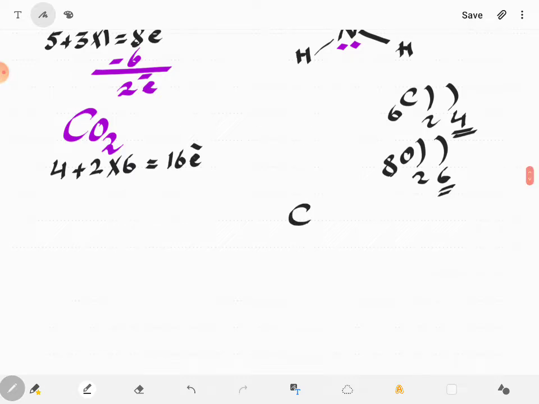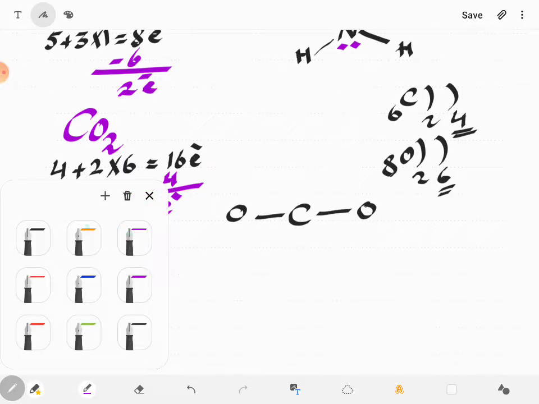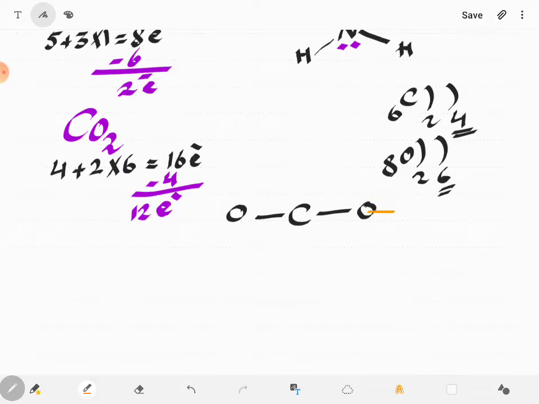So we make one bond to each of the other atoms. Here, how many do we consume? 4 electrons, so minus 4, remaining 12 electrons. I start to complete the octet for the oxygen, the external atom. Here we have 2, so I have to put 1, 2, 3, 4, 5, 6.